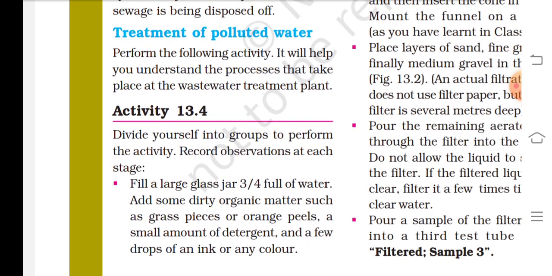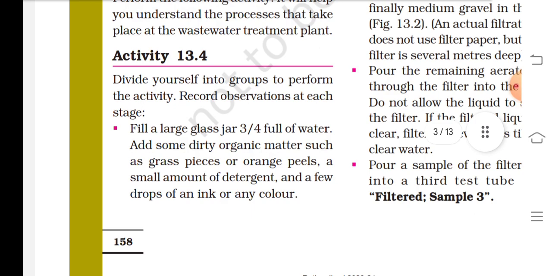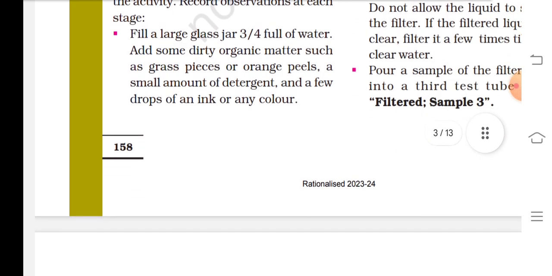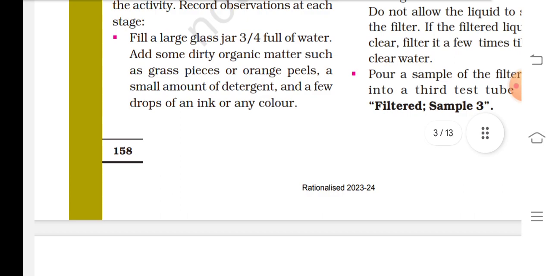Treatment of polluted water. Perform the following activity. It will help you understand the processes that take place at a wastewater treatment plant. Divide yourselves into groups to perform the activity and record observations at each stage. Fill a large glass jar three-fourths full of water.